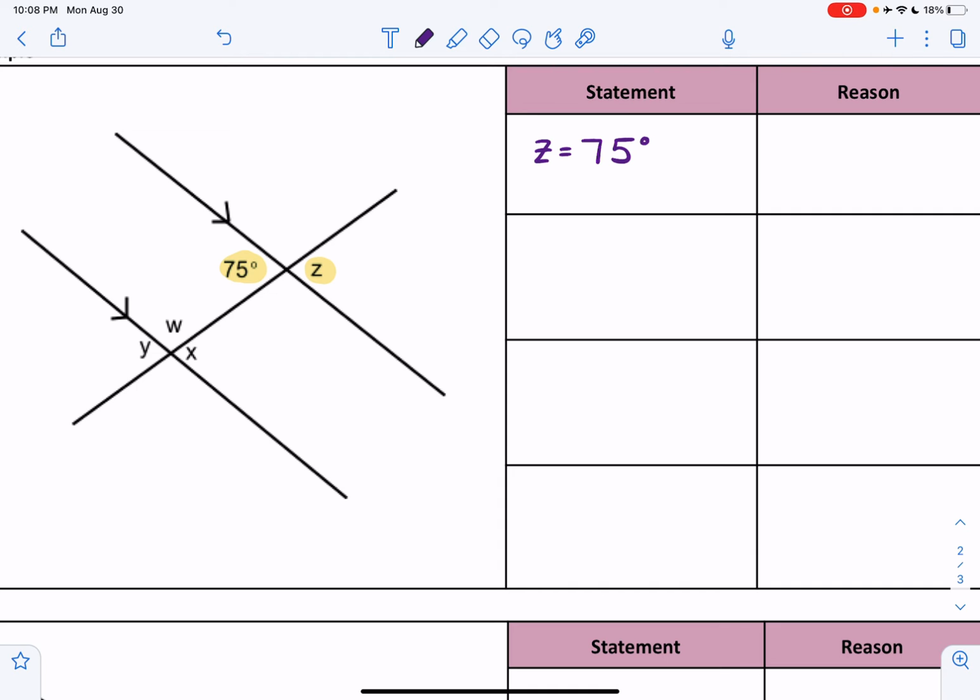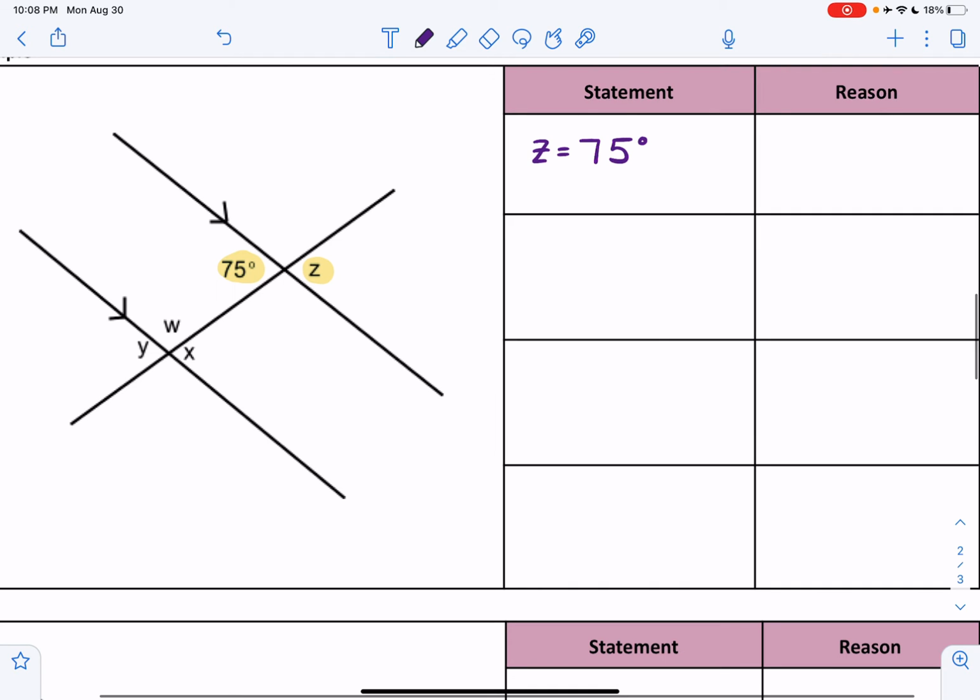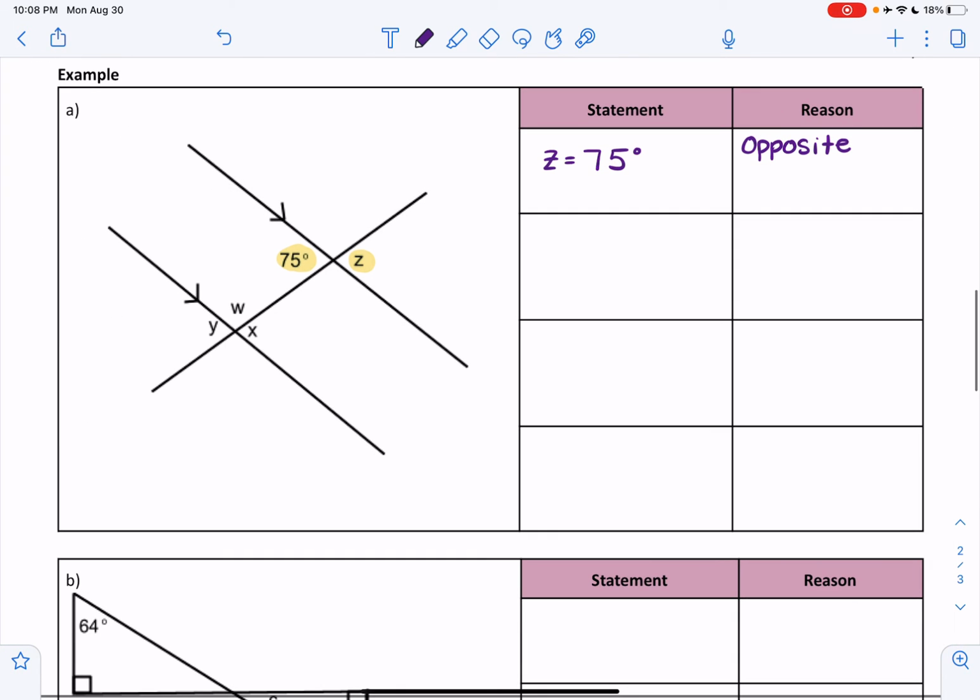Now our reason would be our opposite angle theorem. You can write out that whole thing, but often we just short form it to OAT.